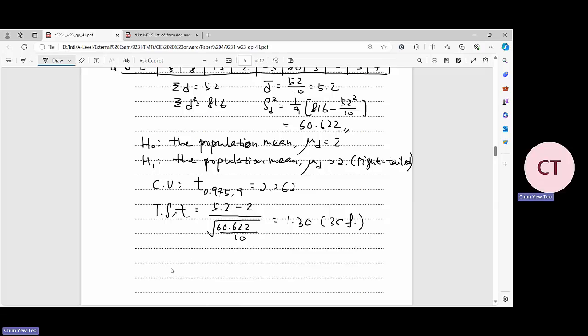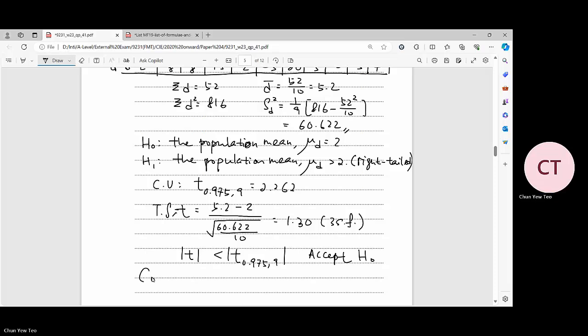Okay, so now you compare the modulus of the test statistic and the modulus of the critical value. So you can see that the test statistic is less than the critical value. So you have to accept H naught.